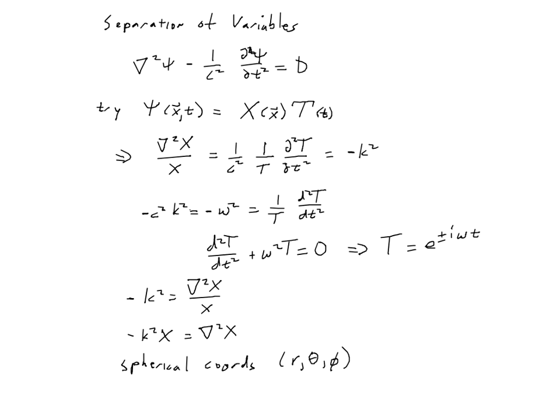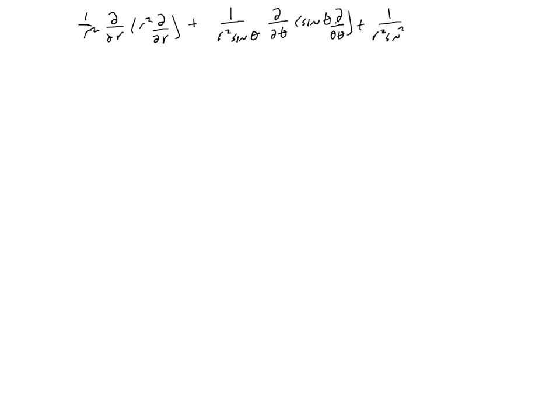And so in spherical coordinates, what happens is your equation right here is going to become the Laplacian, which is 1 over r squared partial with respect to r of r squared partial with respect to r, plus 1 over r squared sine theta partial with respect to theta of sine theta partial with respect to theta, plus 1 over r squared sine squared theta partial second derivative with respect to phi squared of X, and all this plus k squared X is equal to 0.